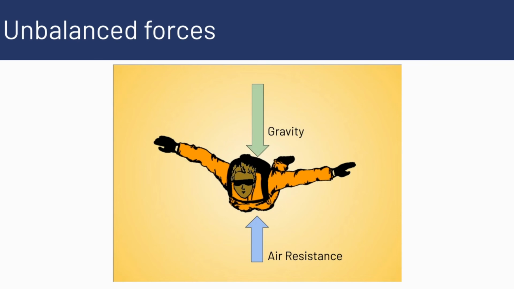All right, let's look at a second example of unbalanced forces. Here we have a skydiver. His chute is still packed in his backpack, so he's falling with unbalanced forces. Gravity here is greater than air resistance.